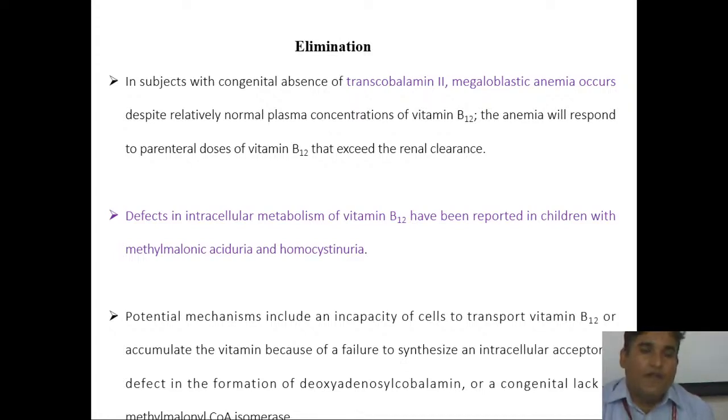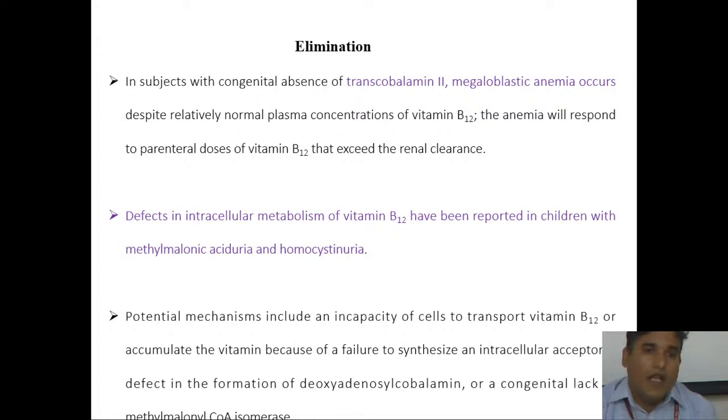Elimination. The transcobalamin is very important for its circulation, and in subjects with congenital absence of transcobalamin 2, megaloblastic anemia occurs despite a relatively normal plasma concentration of vitamin B12, and that can be treated by vitamin B12.